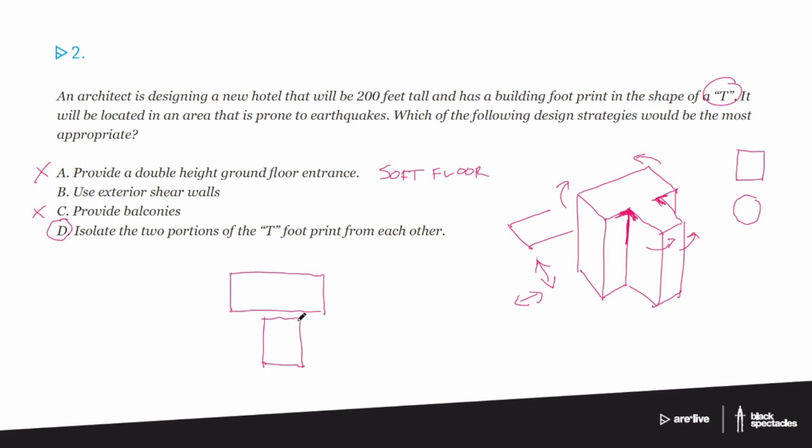So we're literally building 2 separate buildings and then doing a little jig to give them something that can accept movement in between. As structural engineers, we'll provide you with how far that distance needs to be, and then it's up to you to create these beautiful joints so that you can't see those gaps between the 2 buildings.